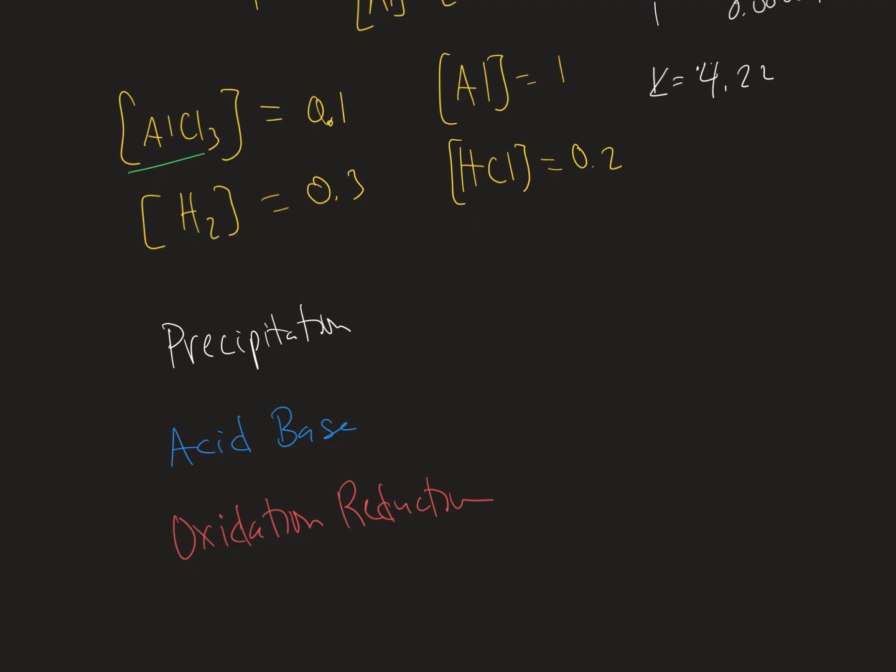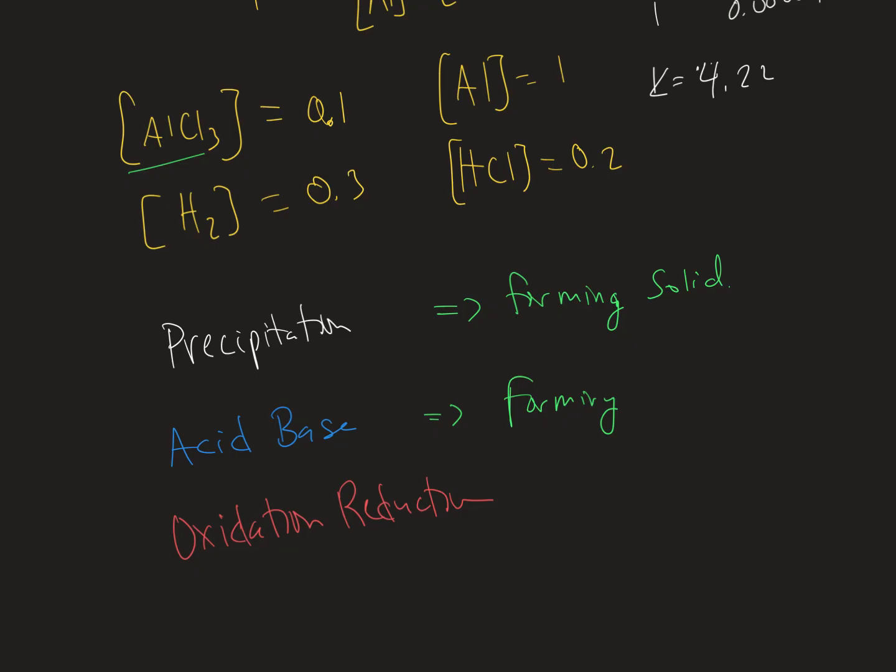How do you tell if it's a precipitation reaction? A solid is created. It forms a solid from 2 aqueous solutions. It's a double replacement reaction forming a solid, and then usually 1 stays aqueous. How do you tell if it's acid-base? Forming water and salt, from an acid and a base.